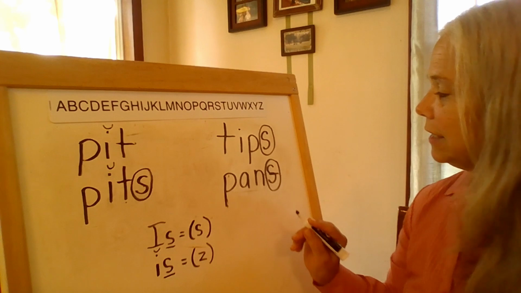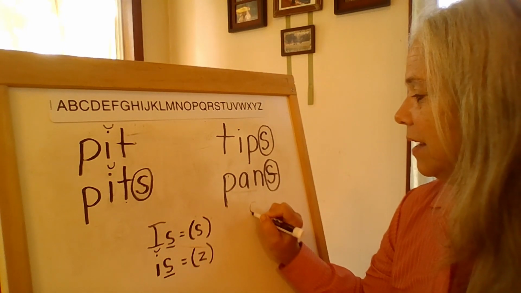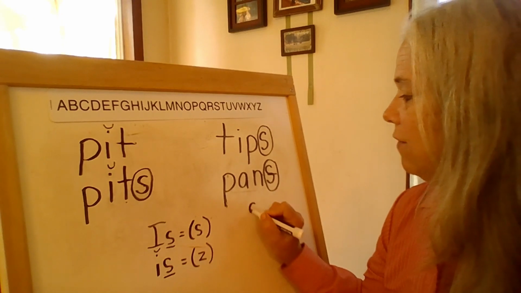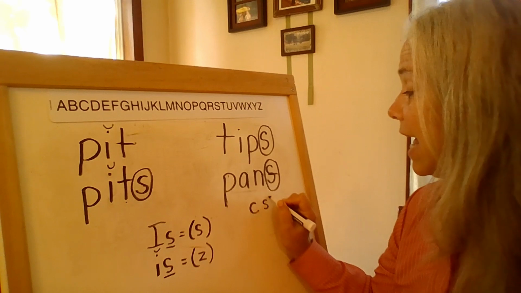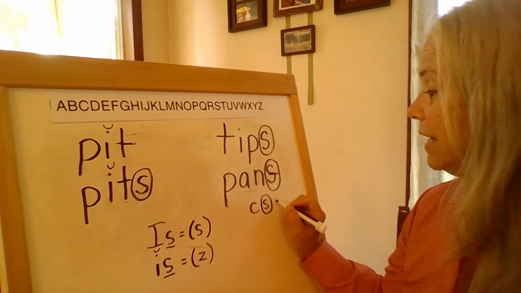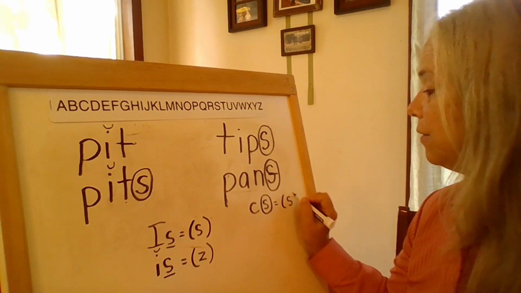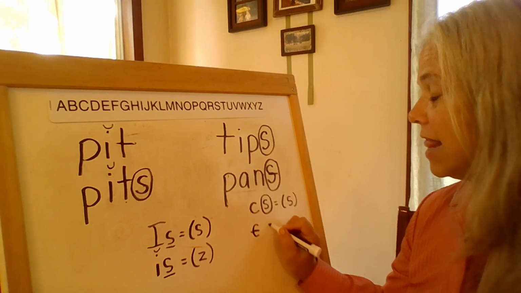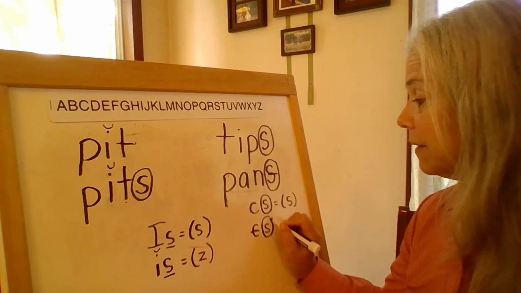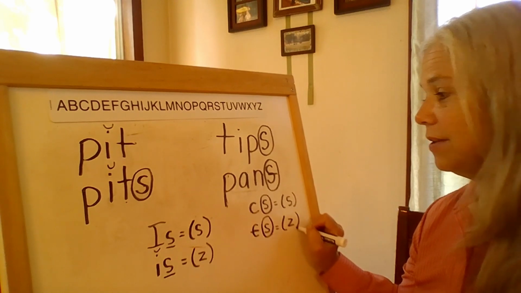So if we have a consonant here and then a suffix S, the sound we're going to hear is just an S sound. But if we have a consonant that's vibrating, that suffix S is going to make the Z sound.